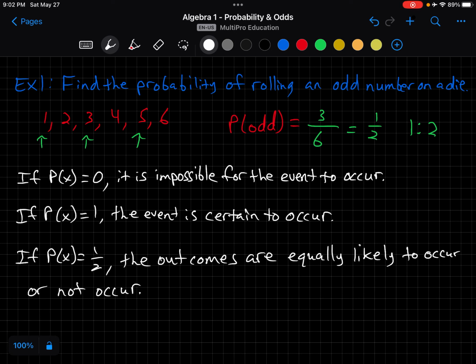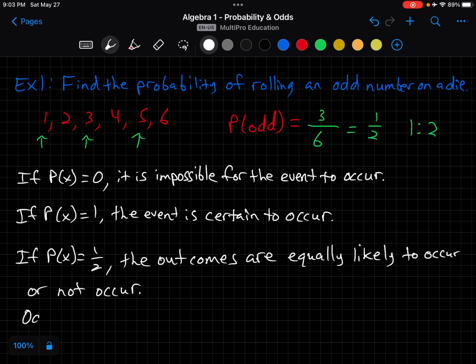So if the probability of something happening is half, then half the time it occurs. What happens the other half of the time? It doesn't occur. Now these are for simple events. These things do not always happen this way in the scientific field. But for our purposes here today, this is what we are going to assume.